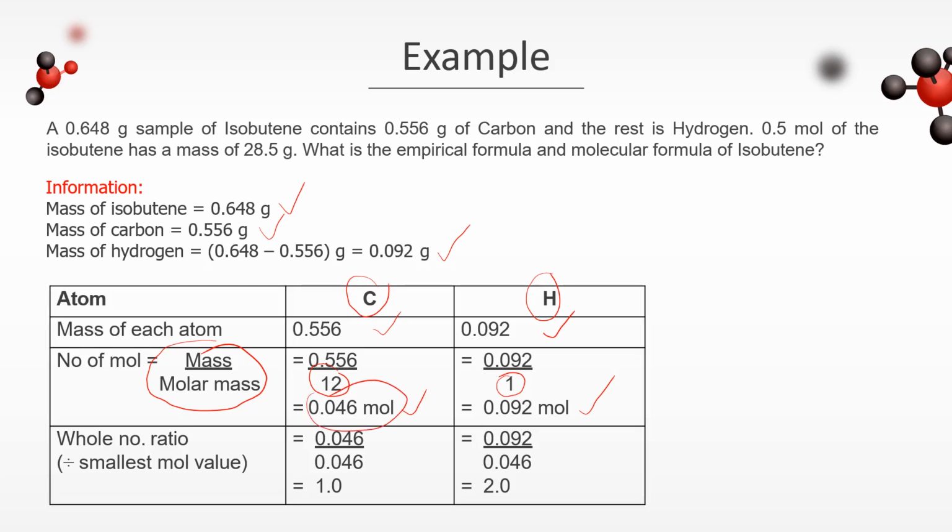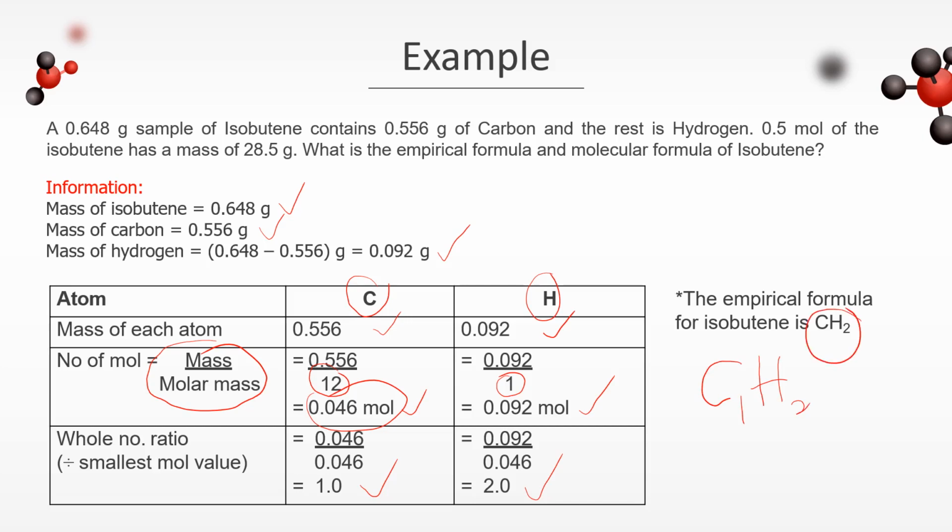So we divide by the smallest mole value to get the whole number ratio. 0.046 divided by 0.046 gives 1 for carbon, and for hydrogen, 0.092 divided by 0.046 gives 2. So how do we write the empirical formula based on these values? Carbon has 1 atom and hydrogen has 2, so the empirical formula is CH2.